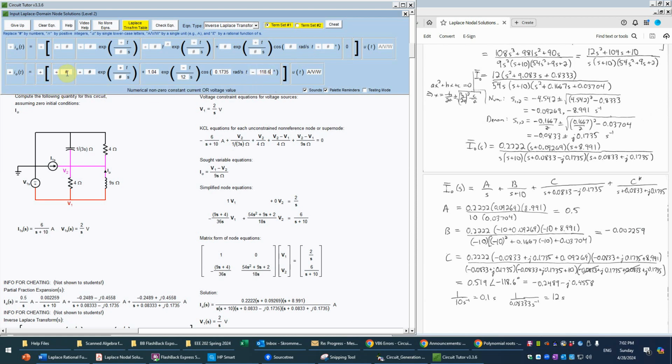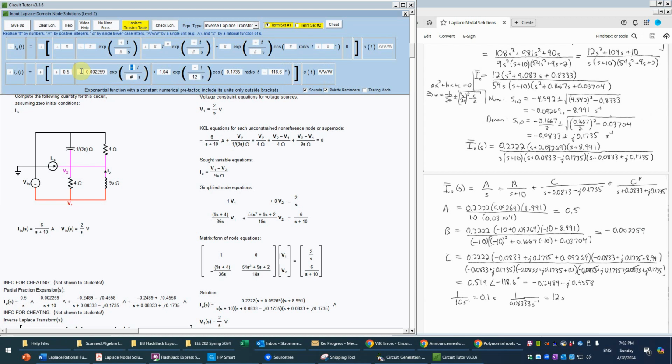And then here we're going to have the 0.5 for the constant term. And here for the b term, s plus 10, we're going to have our coefficient, actually I'll put a minus sign out front there. And then we have a small coefficient there, 0.002259.